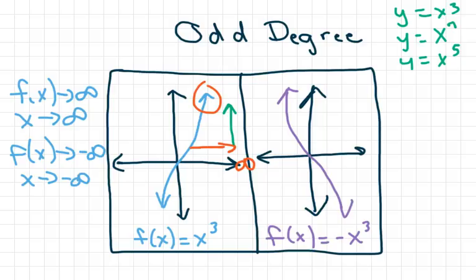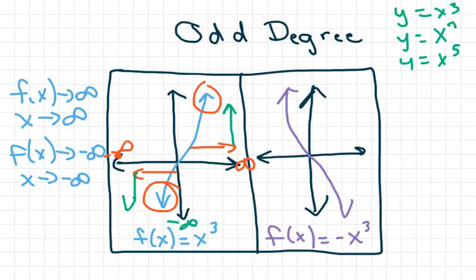We're looking at this end behavior here. So when x goes to negative infinity, y is going down. You can look at it that way.